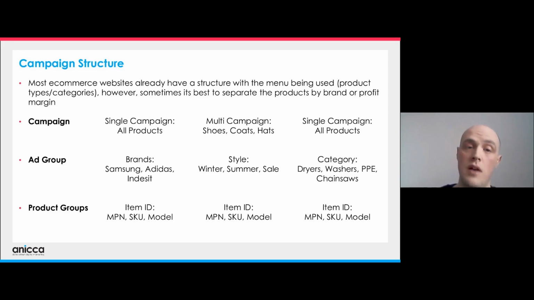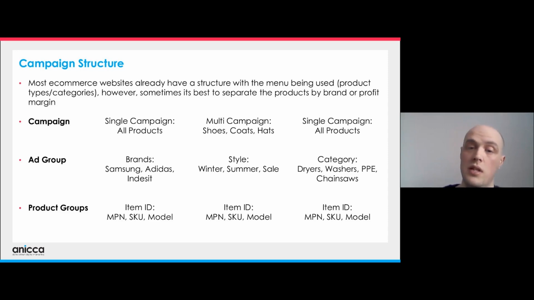So you might have Samsung as one of your campaigns, and then the different categories after that: phones, mobile, and TVs, and whatever else they do. So it just depends how you want to divide up your structure or campaign. You can have a multi-campaign approach or a single campaign approach, but I would always recommend splitting it out by styles or categories or brands, and then always make sure you've got the granularity of item ID.